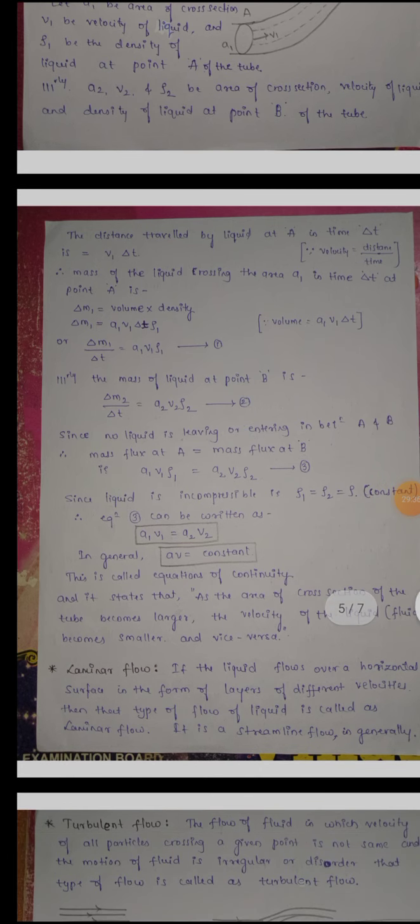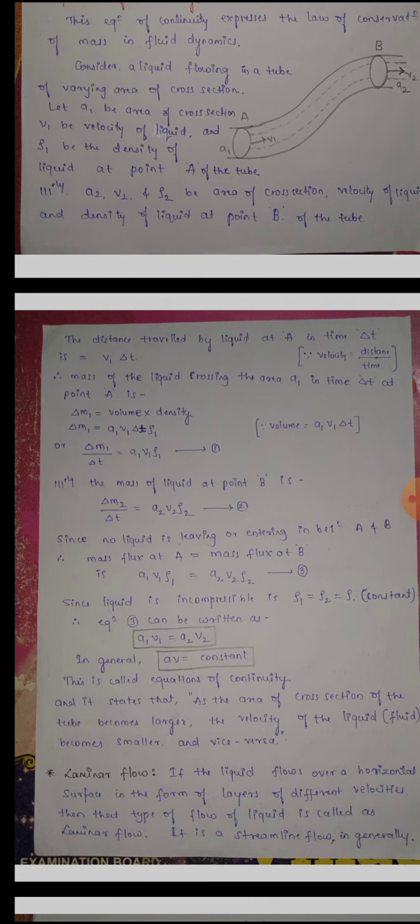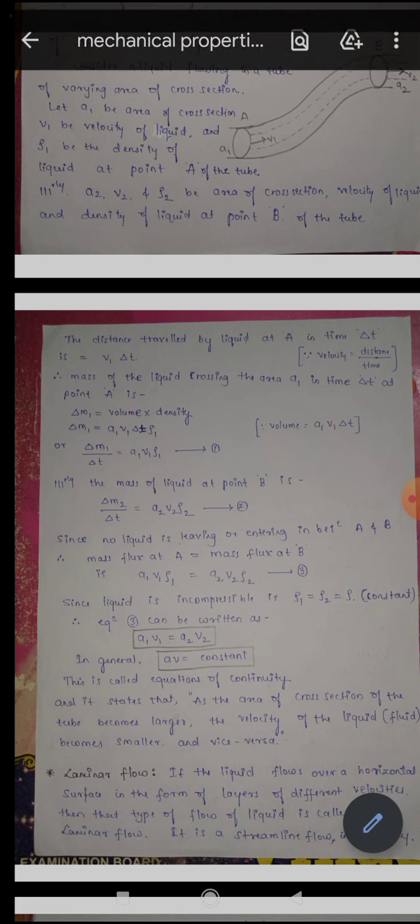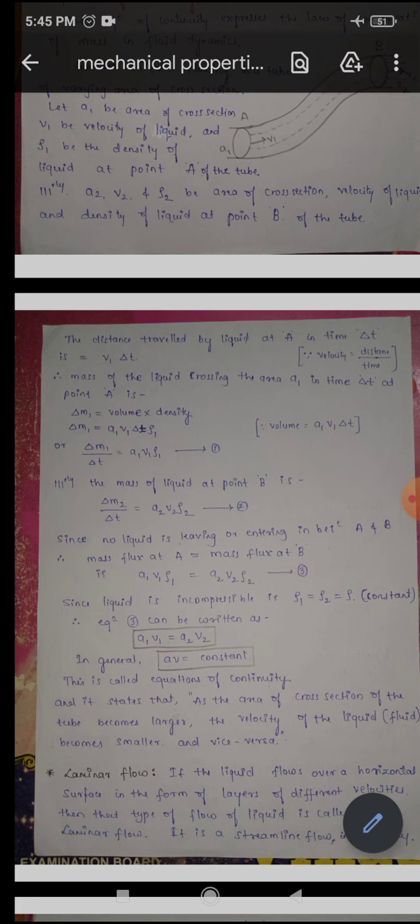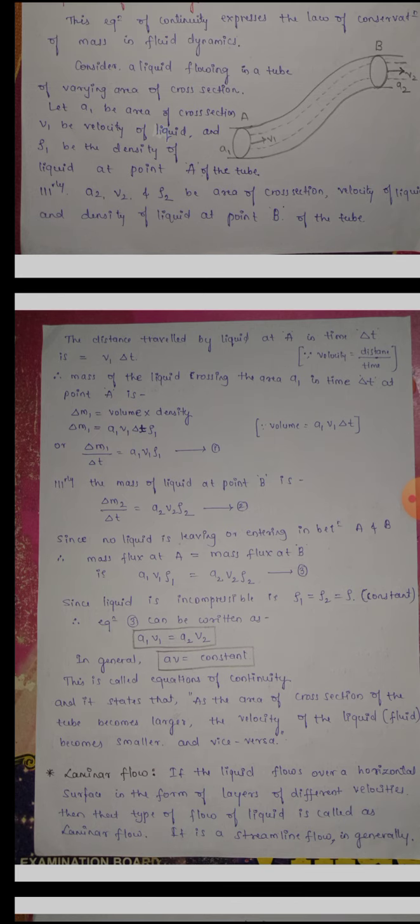Therefore, the mass of the liquid crossing the area A1 in the time delta t at point A. We know the liquid is moving, meaning the liquid is crossing point A. So the mass of the liquid that has crossed through the area A1 is, using the density equation, density is equal to mass divided by volume.